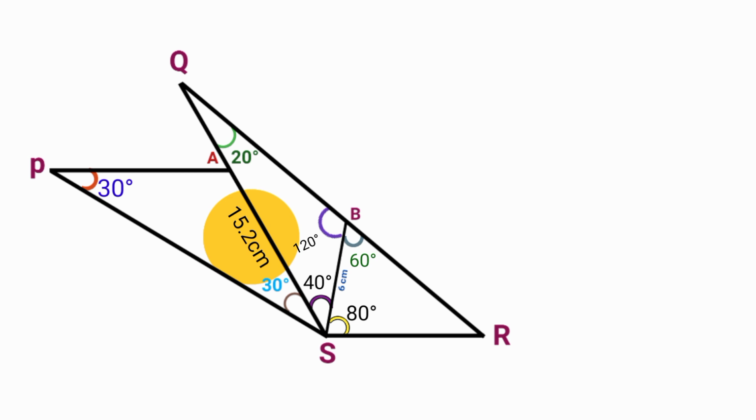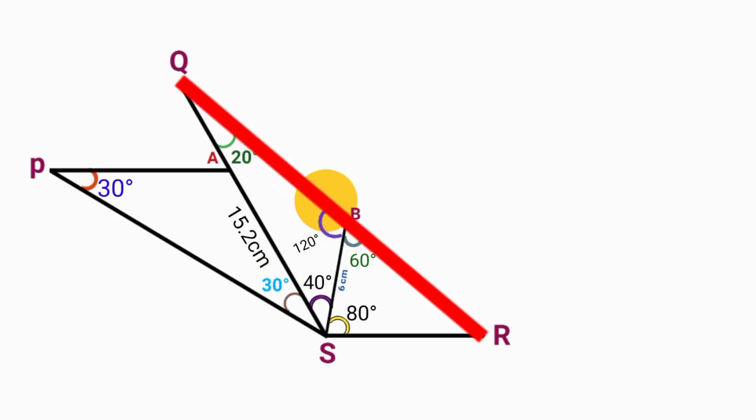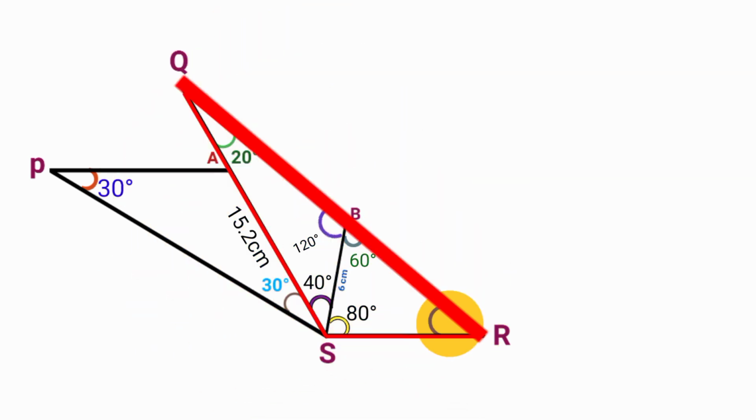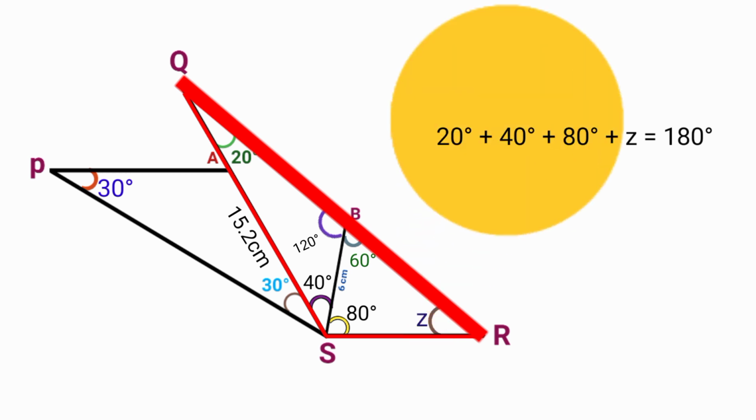But recall in the question, it was the length of this line QR we were asked to find. So now, if we consider this triangle here, triangle QRS, to find the length of line QR, we still need the size of this angle here. So, since these two angles are known, we can label this angle Z and form an equation: 20 degree plus 40 degree plus 80 degree plus Z equal to 180 degree. 40 degree plus 80 degree is 140 degree.